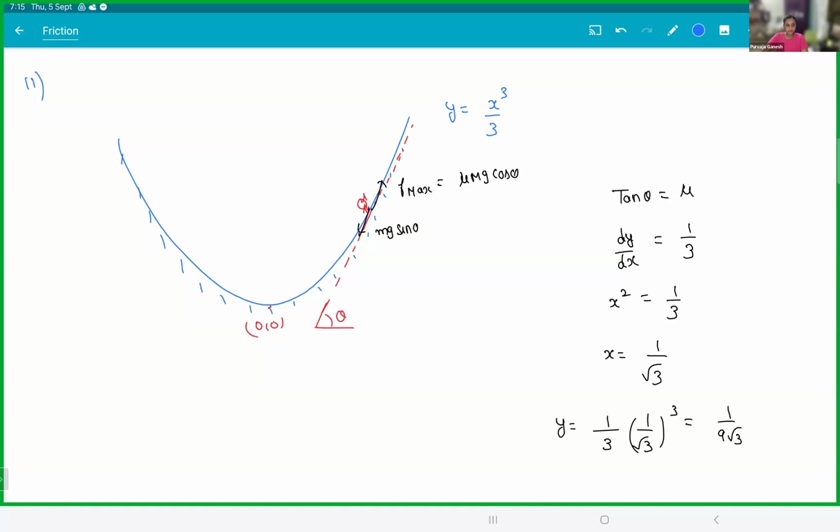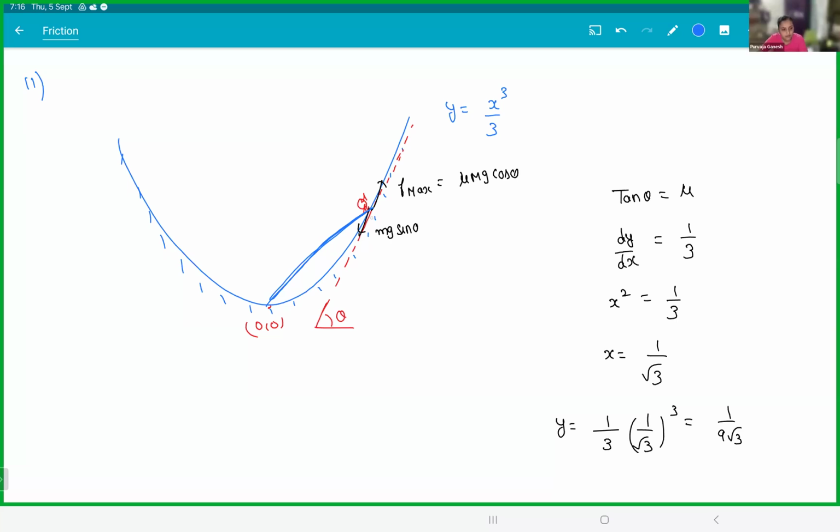Sir, since the slope is 1 by 3, and we take y and x coordinates as a and 3a and then substitute it in y is equal to x cubed by 3 to get the coordinates? What are you saying exactly? That means this line you're talking about and this line are the same. You're saying join a line from origin to this point, that's what you said right now.